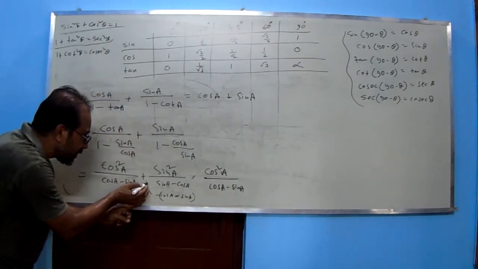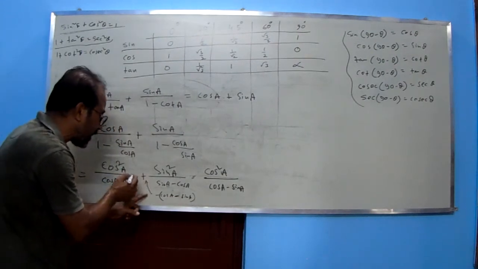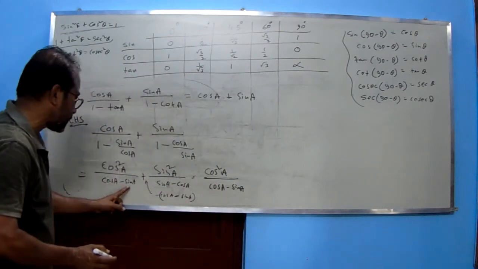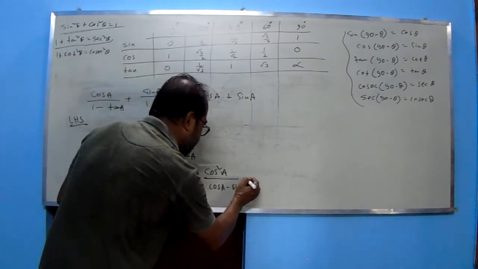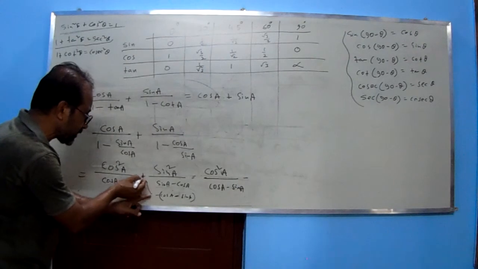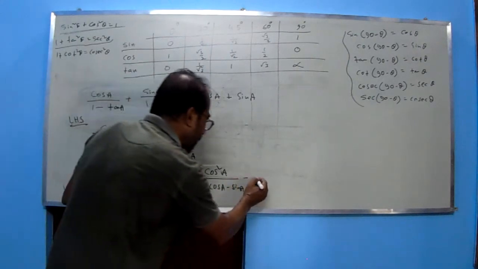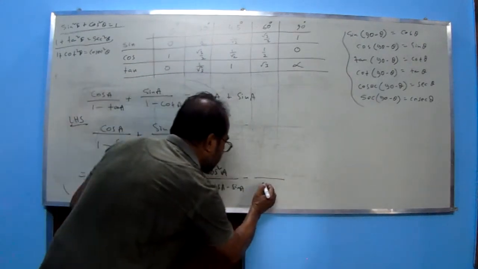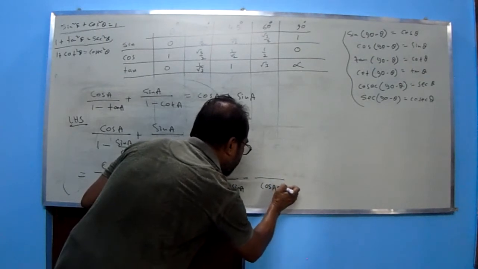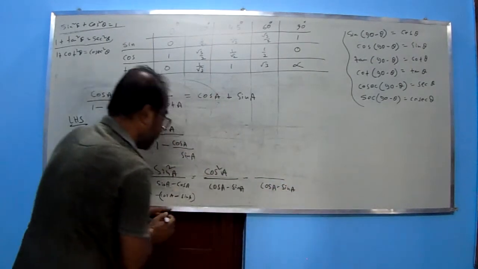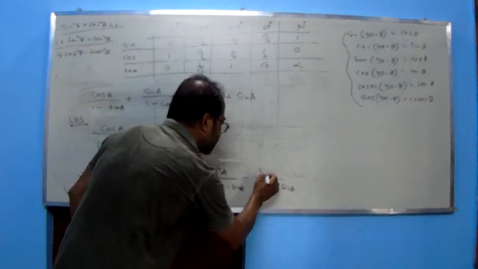This minus jumps here, so what should I write? Cos square A by cos A minus sin A, minus, this minus is coming here, minus cos A minus sin A, and this is sin square.